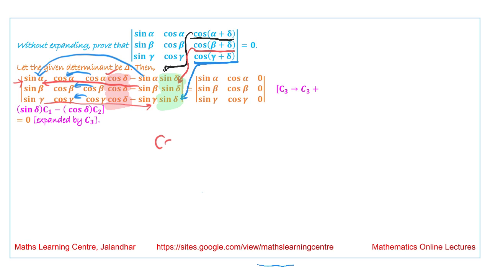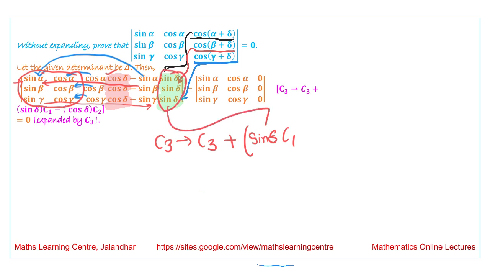So we are writing that column 3 approaches column 3 plus sin delta times C1. This is column 1, and we are multiplying it with sin delta, and minus C2, column 2, we are multiplying it with cos of delta.